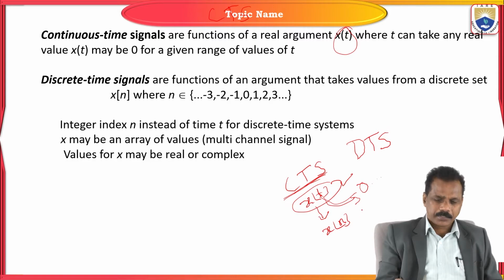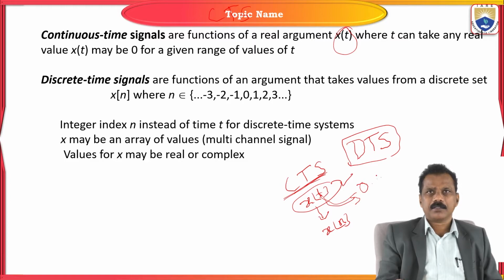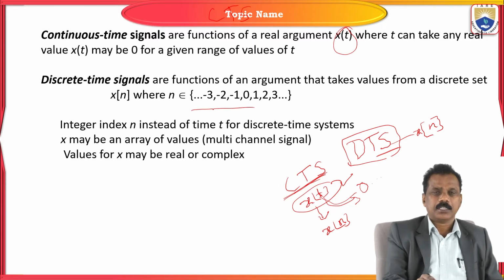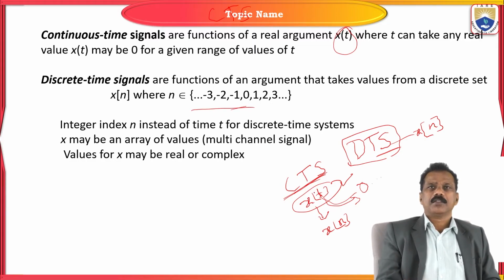Coming to the DTS, discrete time signal: discrete time signals are functions of an argument that takes values from a discrete set, depending upon x of n. Here x of t and x of n, where n takes values minus 3, minus 2, minus 1, 0, 1, 2, 3, 4, and so on.